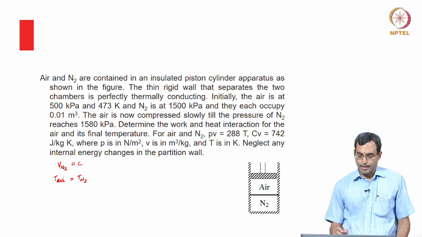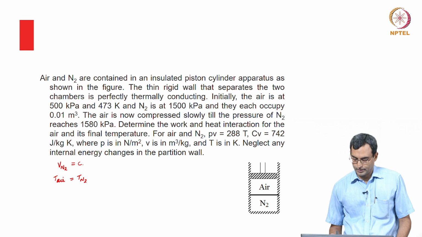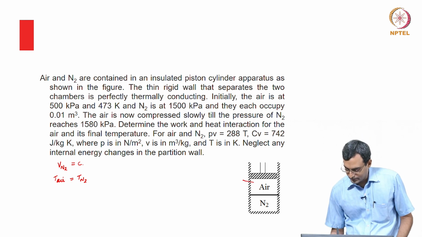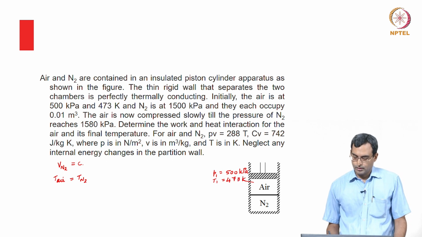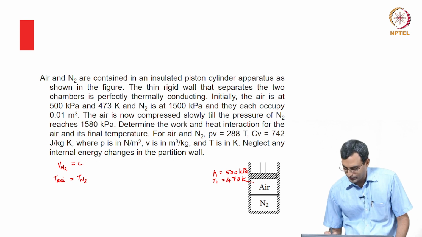So, it says initially the air is at 500 kilopascal, 473 Kelvin. So, air is 500 kilopascal and T1 for the air is 473 Kelvin. The nitrogen is at 1500 kilopascal.